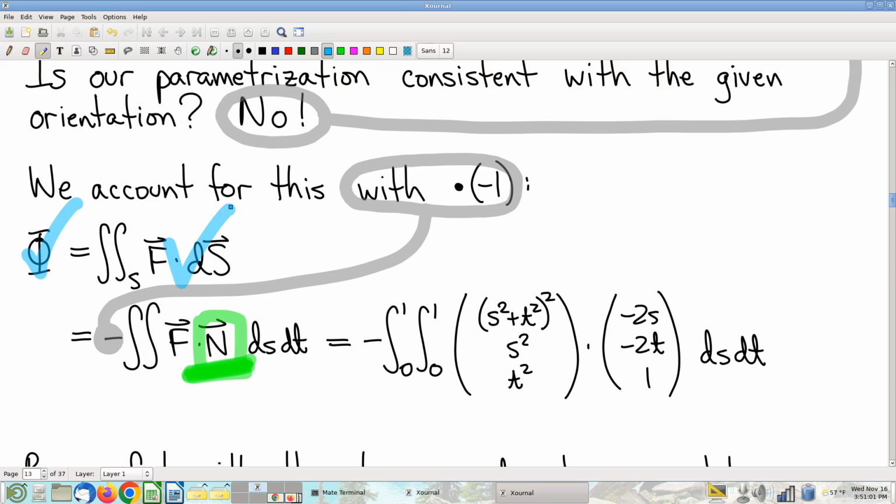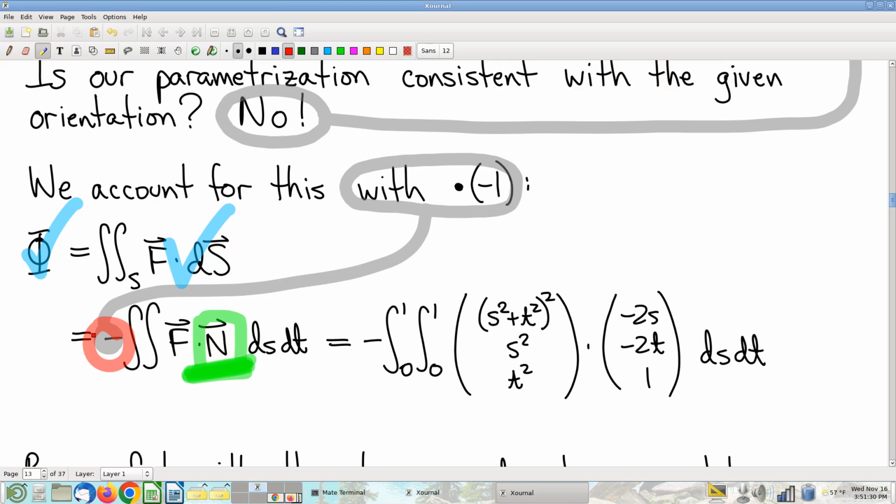It's when capital N shows up that your parameterization normal shows up. And if you have an inconsistency, then this is where the minus sign belongs. The correct orientation is the negative of what I'm going to compute because I parameterized upside down. Does that make sense to everybody? So that's where the minus sign goes, not up here. If you put it up here, it's wrong.